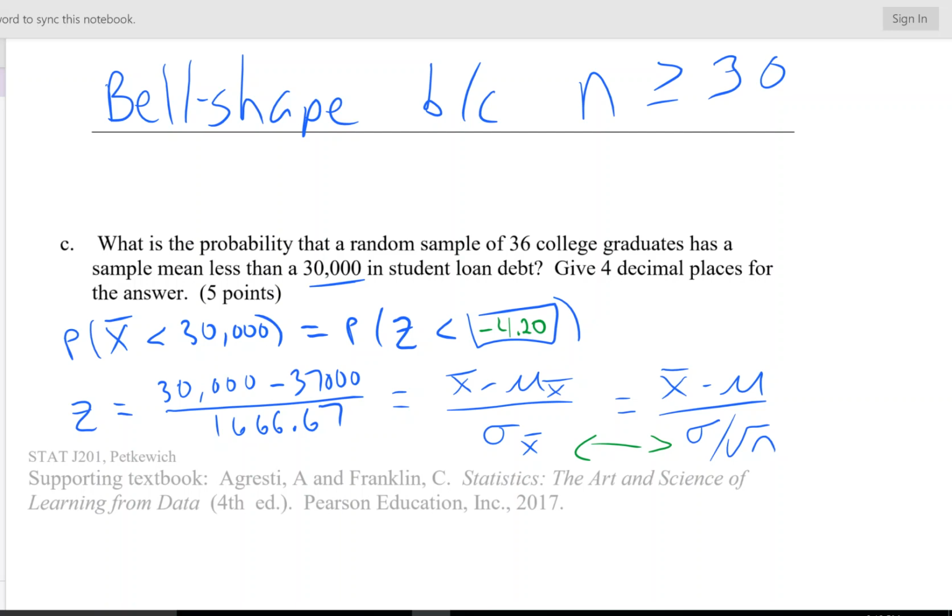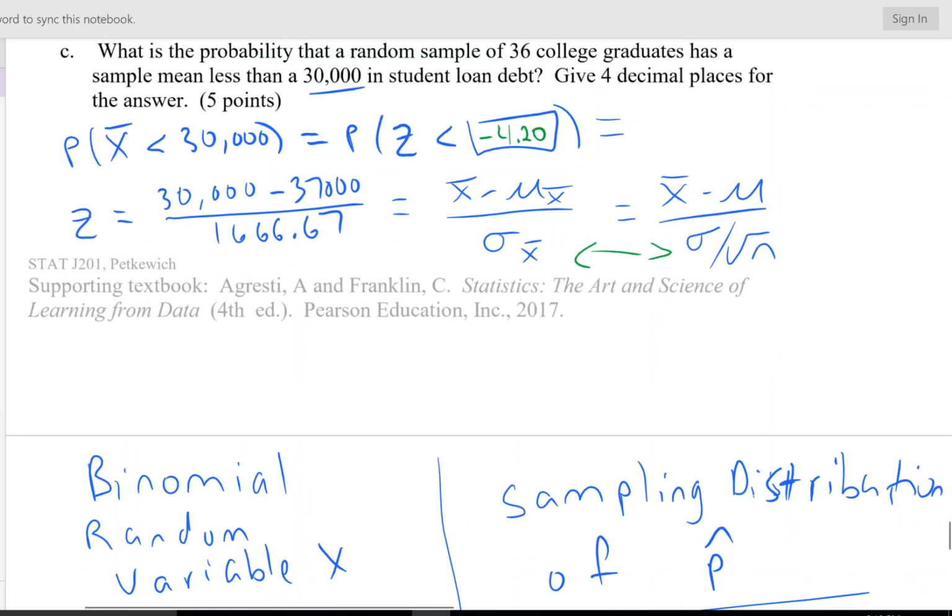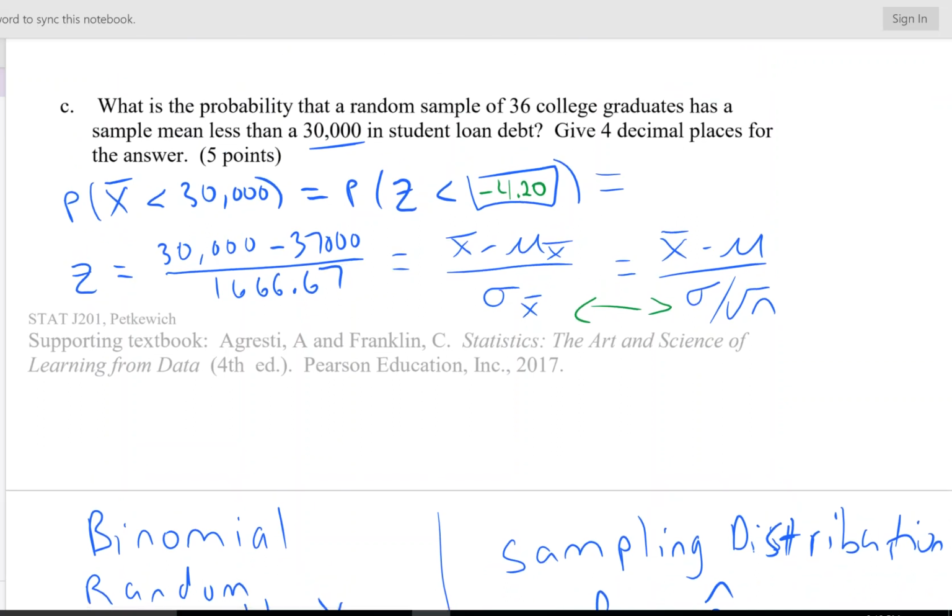Okay, now this one is actually a little bit tricky, because here's the problem. I'm at the point now where I need to look up this value on the table. Let me draw the picture of what's happening here. I've got a standard normal distribution. I've got a z-score way over here at negative 4.20.